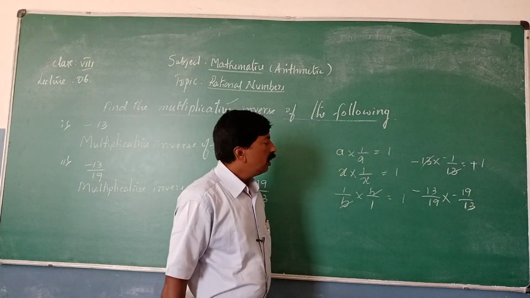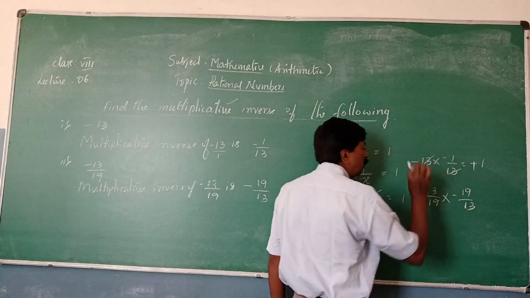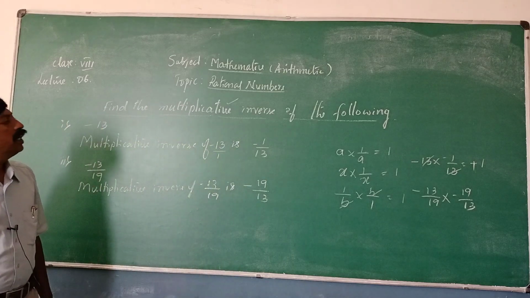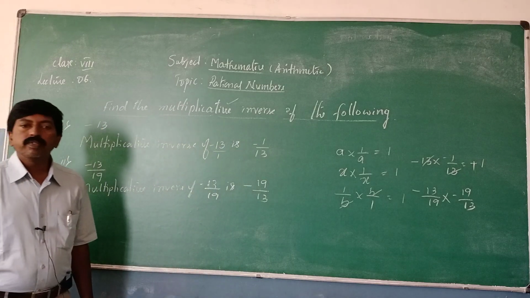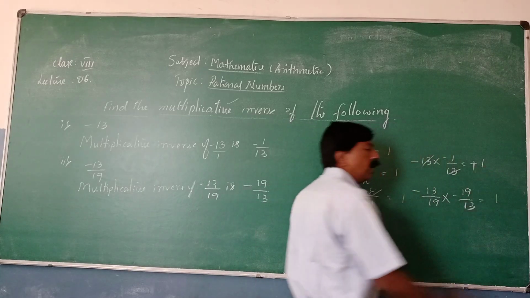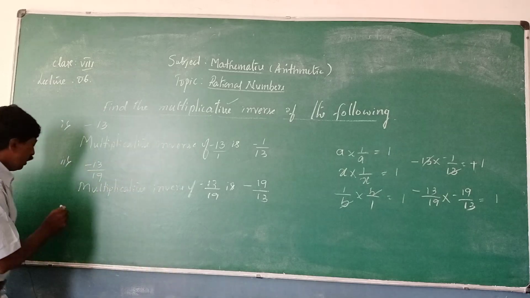What we did here, we interchanged numerator to denominator, denominator to numerator. That is called reciprocal or multiplicative inverse. The product is 1 because 1 is the multiplicative identity element.